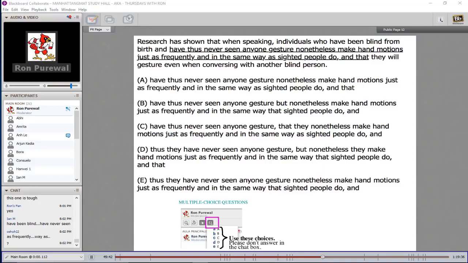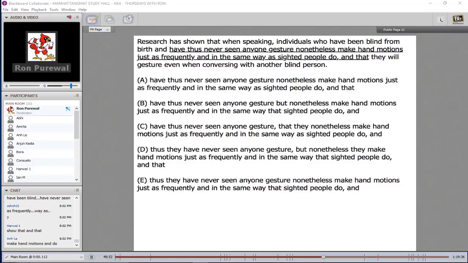Okay, the first pair is have been blind and have never seen anyone gesture, because those are two descriptions of the people, and they are separate. They're related to each other, but they are not the same thing. Seeing people gesture is not the same as being blind.